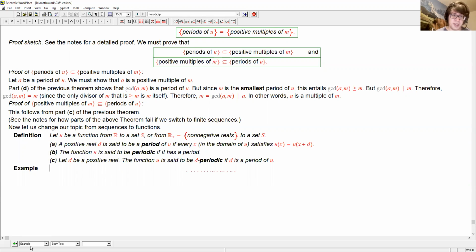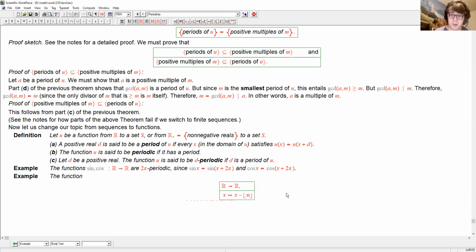Here are some classical examples. First of all, the functions sine and cosine from R to R are periodic, and actually they're 2 pi periodic, since sine of x is sine of x plus 2 pi, and cosine of x is cosine of x plus 2 pi. And for another example, the function that sends each real number to x minus the floor of x.